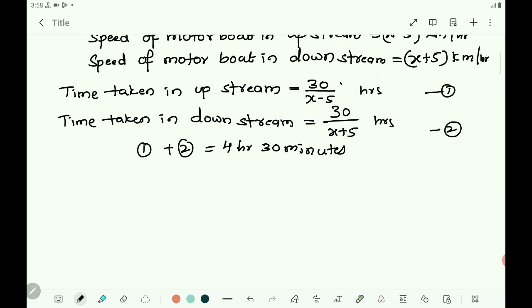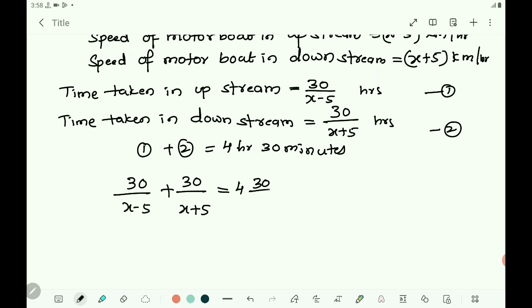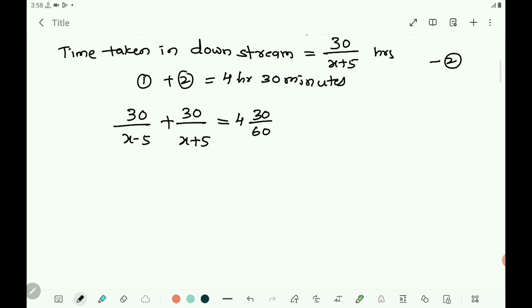That is 30 by x minus 5 plus 30 by x plus 5 equals 4 and 30 by 60.